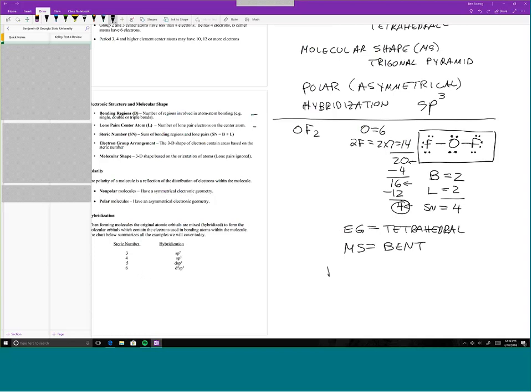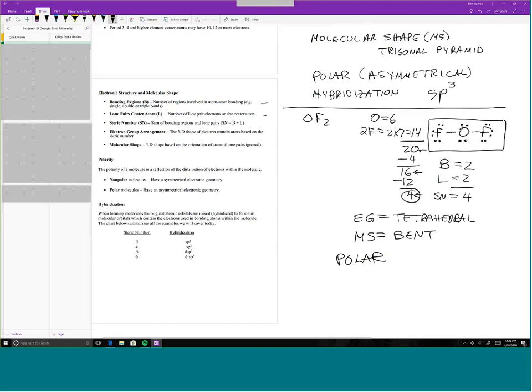It's going to be a polar molecule because of the asymmetry that is caused by the presence of lone pairs, and the hybridization is driven by the steric number, and when the steric number is 4, the hybridization is sp3.